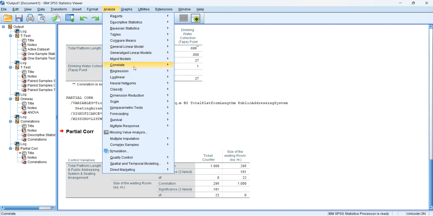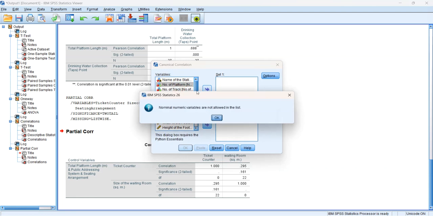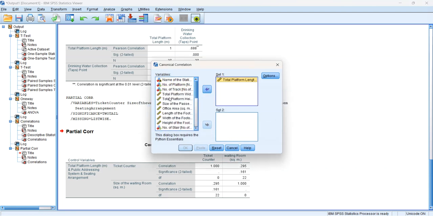Then in the correlation section you can do another thing also. This is the new addition of SPSS after version 23, the canonical correlation, that is the group correlation. Suppose in water quality analysis, some parameters are set 1, considering non-numeric values.